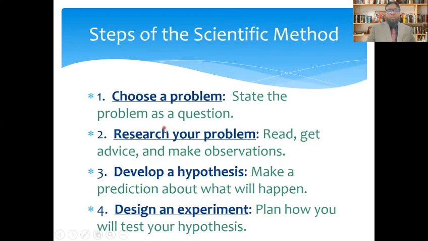Okay, now come to the next one. See here, the steps of our scientific method. First we have to choose a problem, what problem we are facing. For example, two or three years ago there was a pandemic, corona, a new virus was introduced.